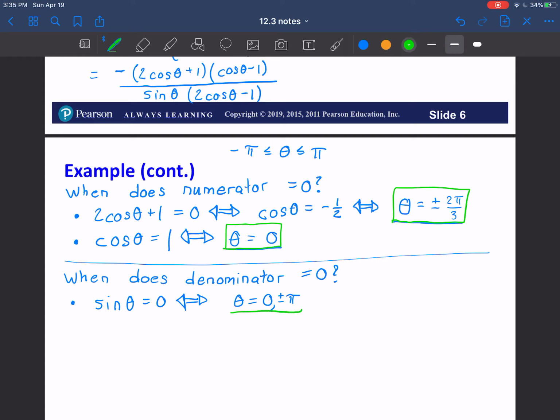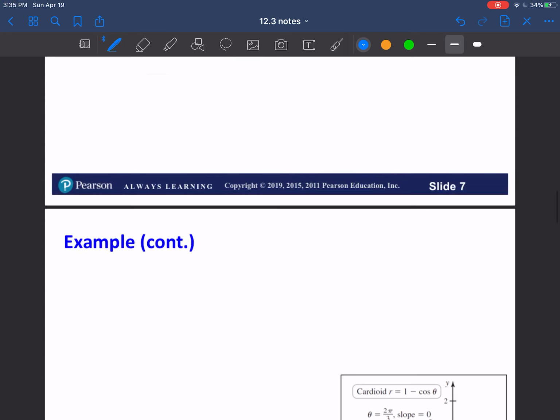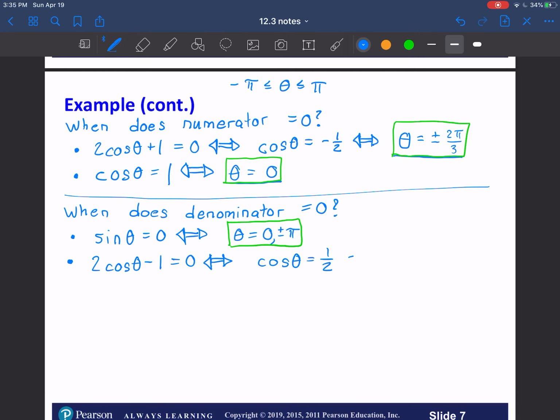So, 3 possibilities for whenever sine of theta is equal to 0. The second circumstance when the denominator is equal to 0 occurs whenever 2 cosine theta minus 1 equals 0. That occurs only when cosine of theta equals 1/2, and that means that theta will have to be plus or minus pi over 3.